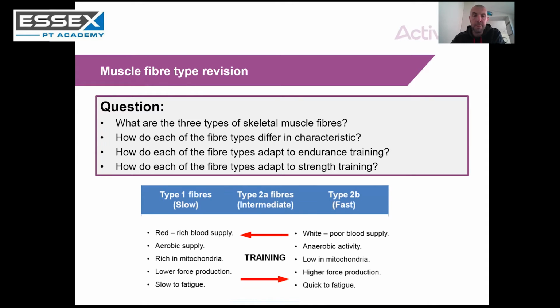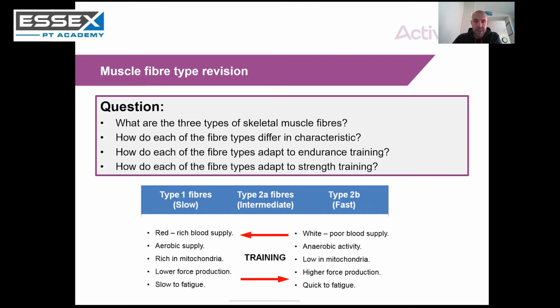So we've got our fiber types. Sorry, start again. I'm going to go back. We'll go for type 1 fibers, type 2A and type 2B. So think of type 1 as your slow twitch fibers, and type 2A and 2B as intermediate and fast.